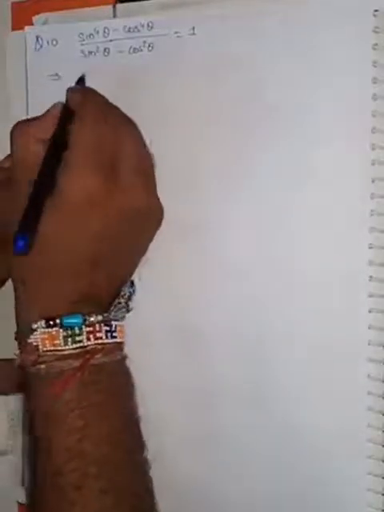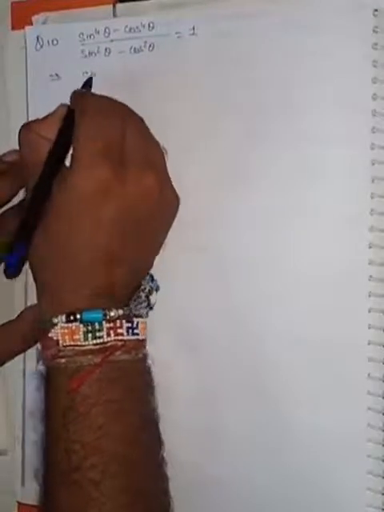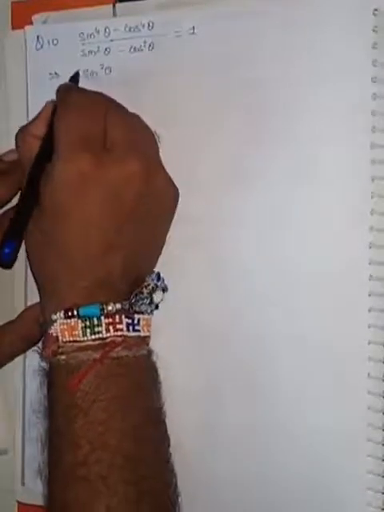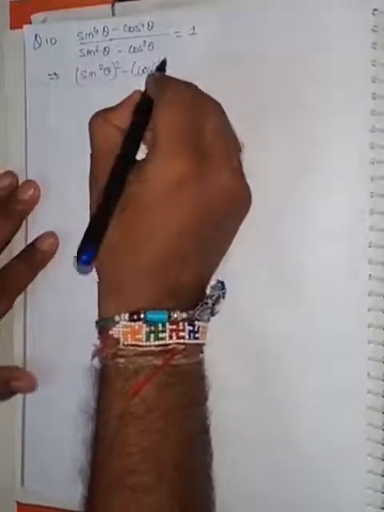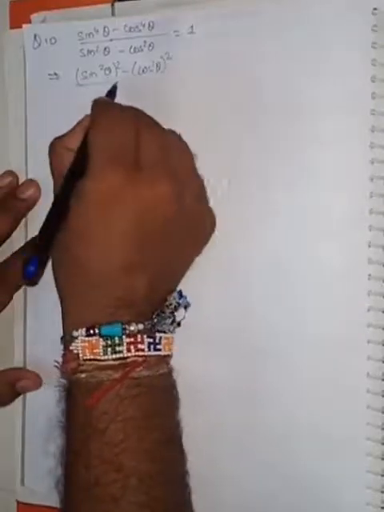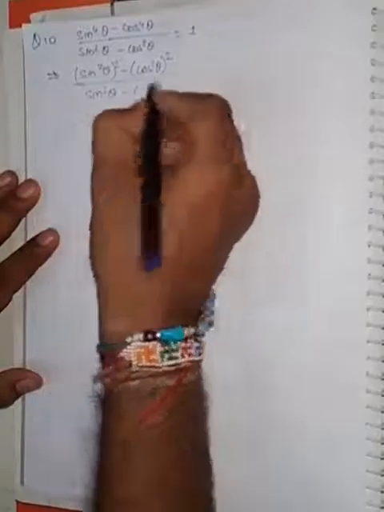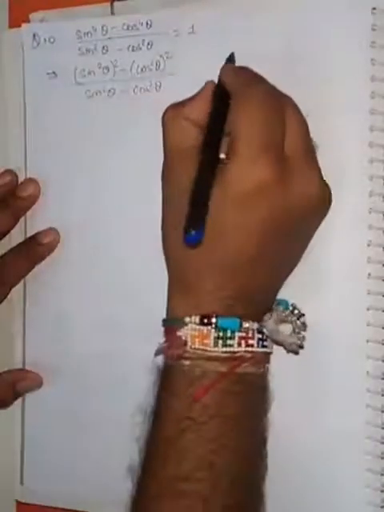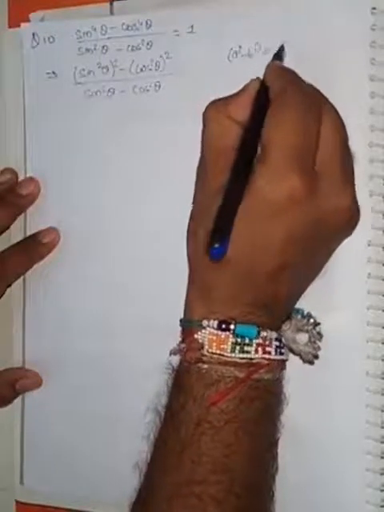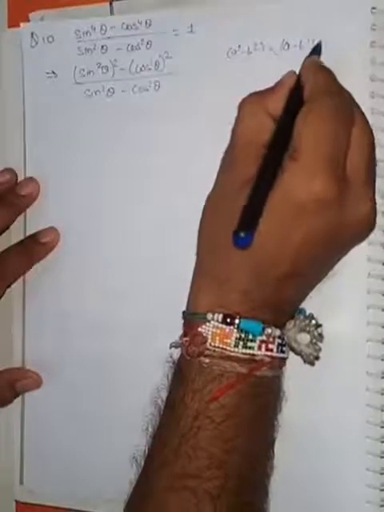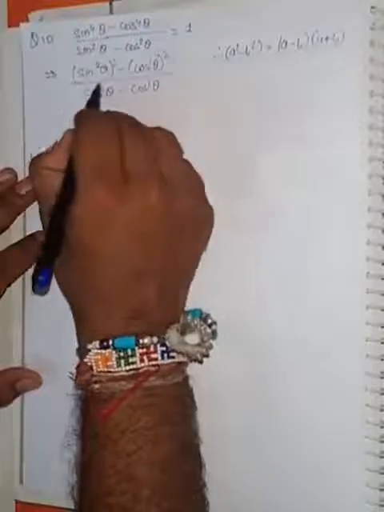We can write the numerator as (sine square theta) whole square minus (cos square theta) whole square, divided by sine square theta minus cos square theta. Now we have the formula a square minus b square equals (a minus b) into (a plus b), and we apply it on the numerator.